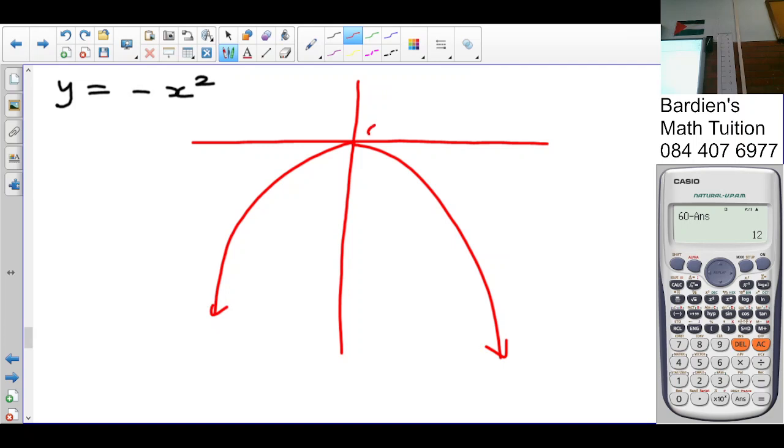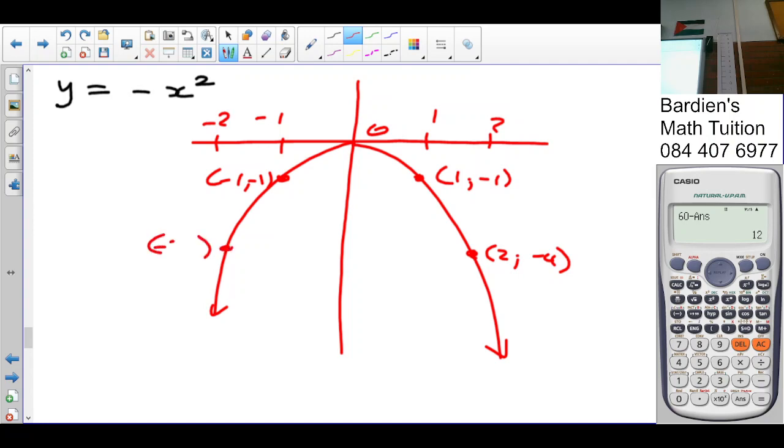Not so? That was 1 and negative 1. You had 2 and negative 4. You got 1 and negative 1 and negative 1. It was in line with that, no? Negative 2 and negative 4. Okay. You all okay with this, no? Yes, you know how to do this thing.